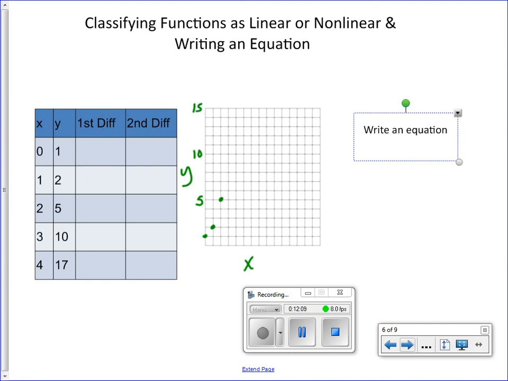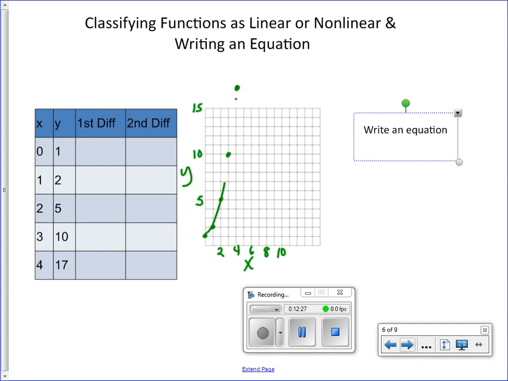We're going to give some numbers to our graph so we can kind of follow along. All right, 2, 5 is graphed, 3, 10, and 4, 17 is going to be about right here.